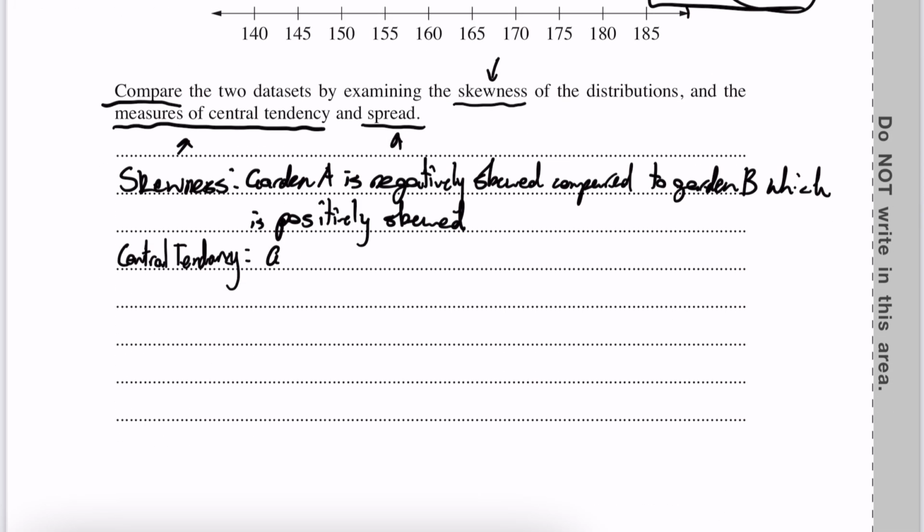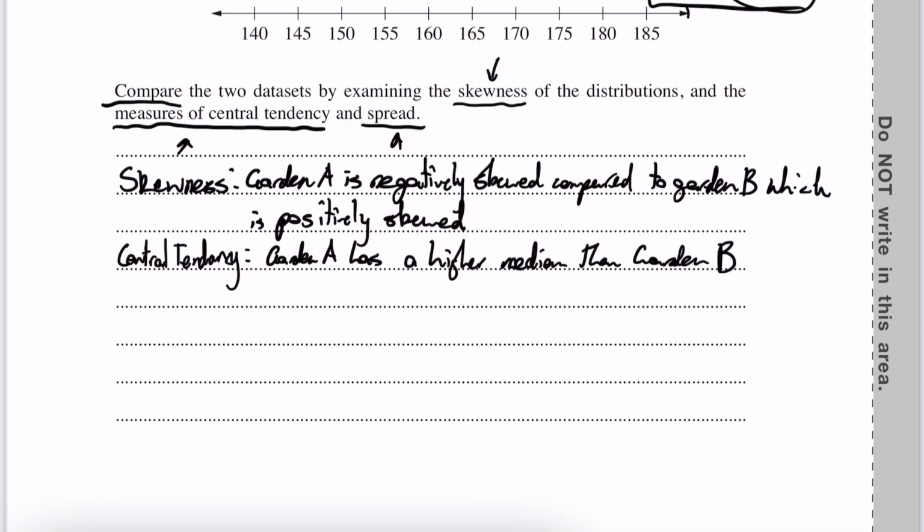We need to say garden A has a higher median than garden B.